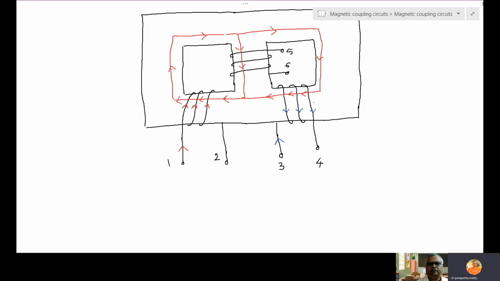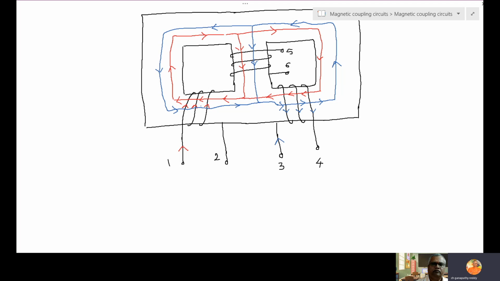Then flux will go this way, and the remaining flux will flow like this. The flux direction.